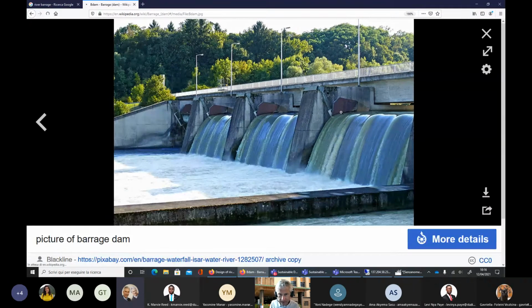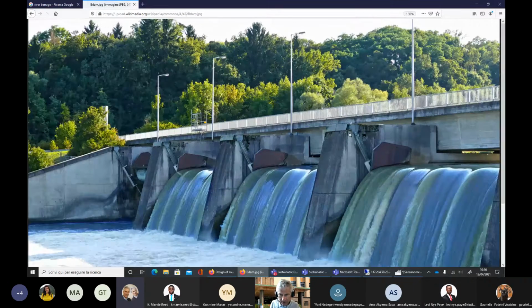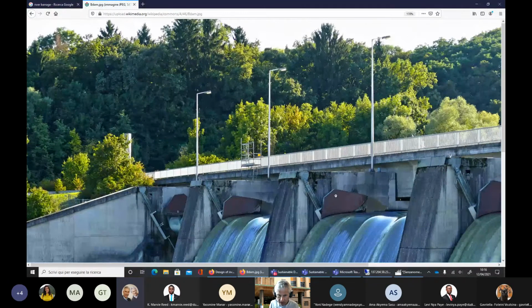You see that there is some stuff here. Let me see if I can zoom. You see this mechanism here. Look at my mouse where it's going up and down. This mechanism allows one to lower the threshold, or the weir, because the threshold of a barrage, which means the upper part that has to be surmounted by water, is called weir in technical terms, W-E-I-R.